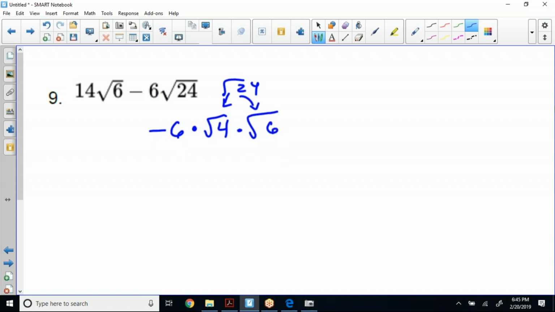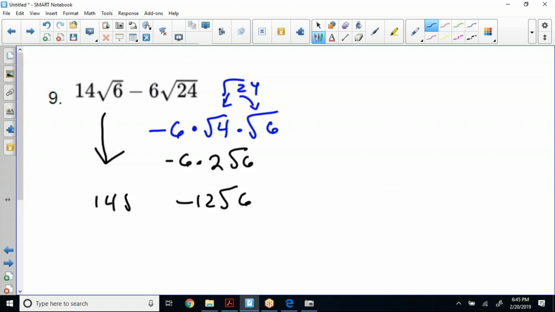So square root of 4 is nothing more than 2. So here I've got negative 12 square root of 6. This little joker right here is just going to hang around until I get done with that. 14 square root of 6 minus 12 square root of 6 equals, ladies and gentlemen, 2 square roots of 6.